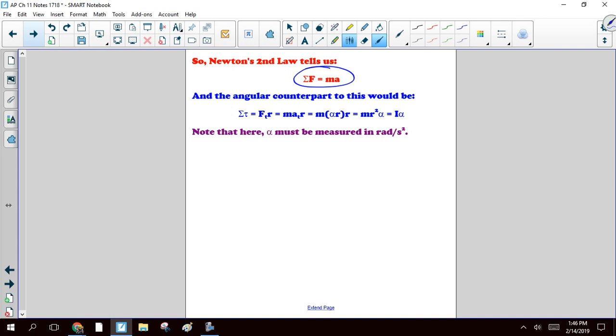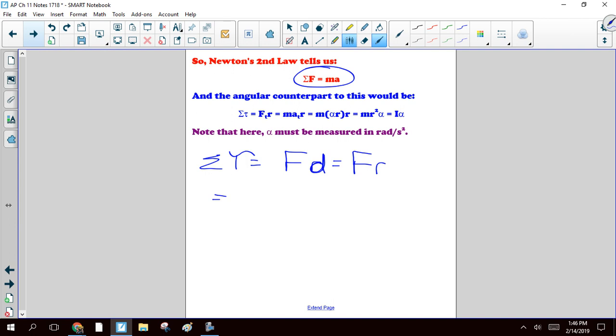This just sort of derives the law, right? So check it out. Net torque, with a little tau there. Suppose your net torque is caused by one specific force, so that force times some distance d. So there's your torque. Well, that distance is kind of like the radius for a circle, right? So force times radius.